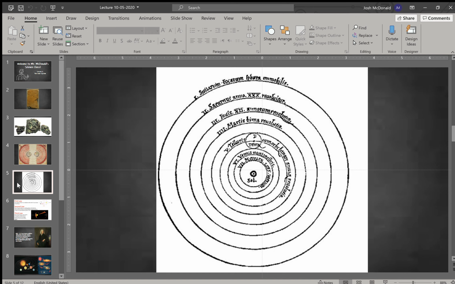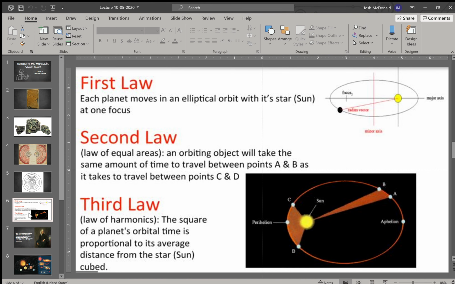Now, in 1609, in the early 17th century, Johannes Kepler started laying out the laws for the movements of planets. He said these things can't just be random, and so he came up with his 3 laws of planetary motion.